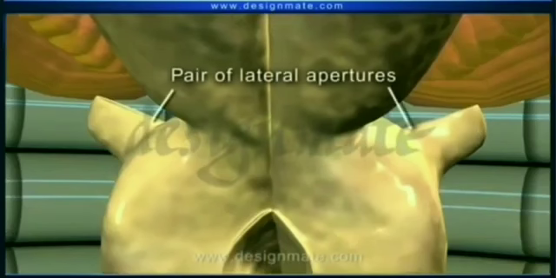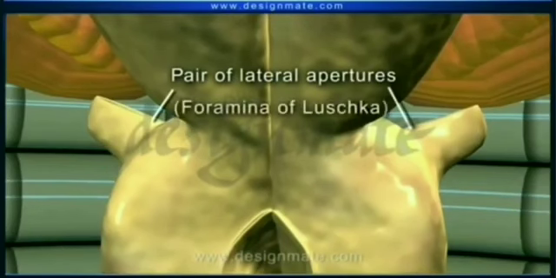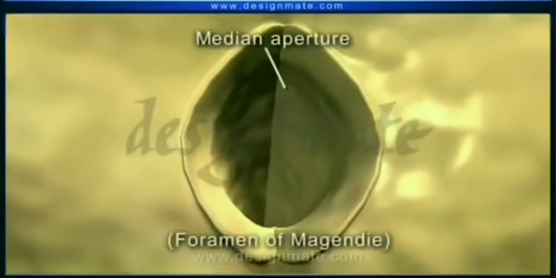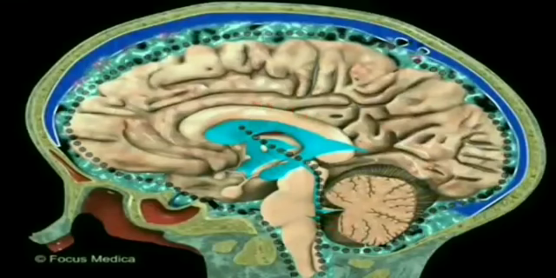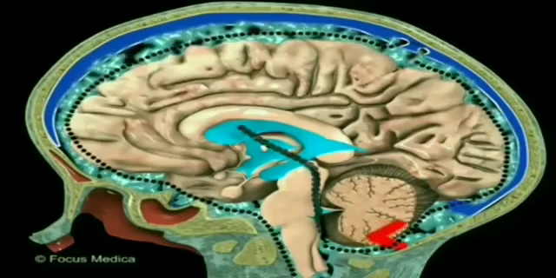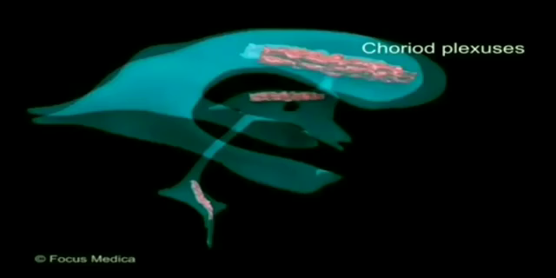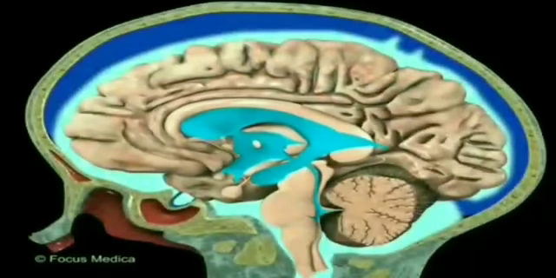A pair of lateral foramen of Luschka and a median foramen of Magendie. The roof has posterior choroid plexus for secretion of CSF. This is the structure of choroid plexus. Here, the formation of CSF takes place and CSF is secreted.